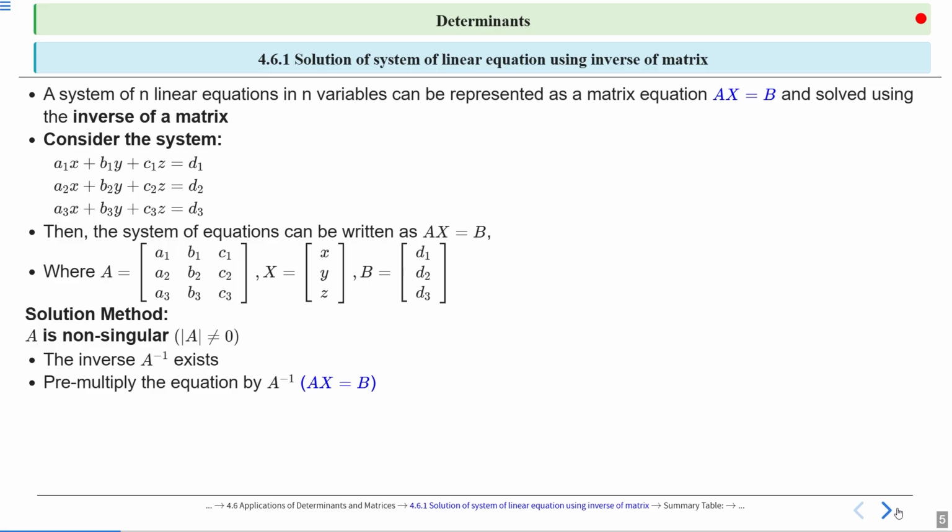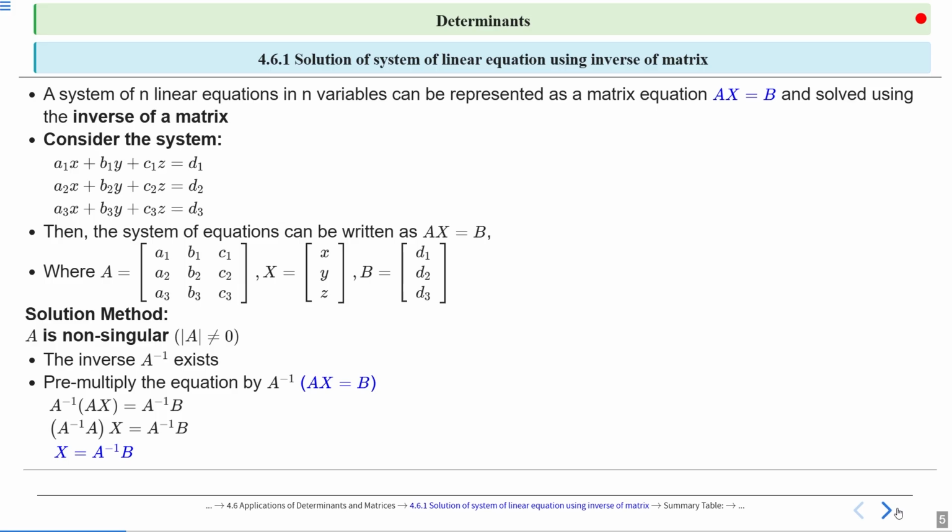Then pre-multiply the equation AX equals B by A inverse. So we get A inverse A into X equals A inverse B, and we know A inverse A is the identity matrix. So we just write X. So X is equal to A inverse B, and that is the value of the variables.